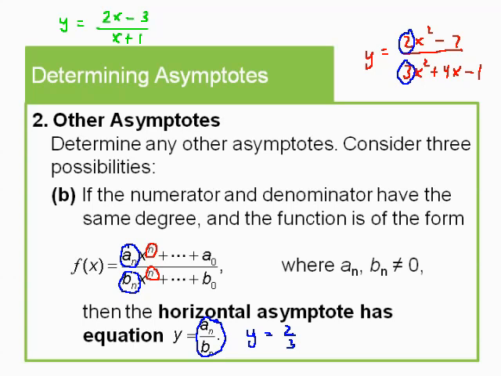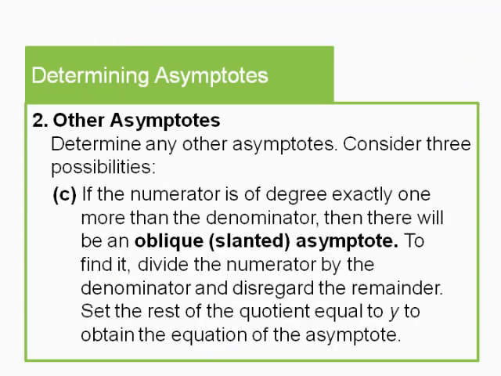Now notice both of these degrees, the exponents on the x's, are both 1, so it's those numbers in front that then determine the HA. So it would be, in this case, y equals 2 over 1, or y would be 2. So again, if the top power is smaller than the bottom, y equals 0. If they're the same, it's the coefficients in front that determine the HA.